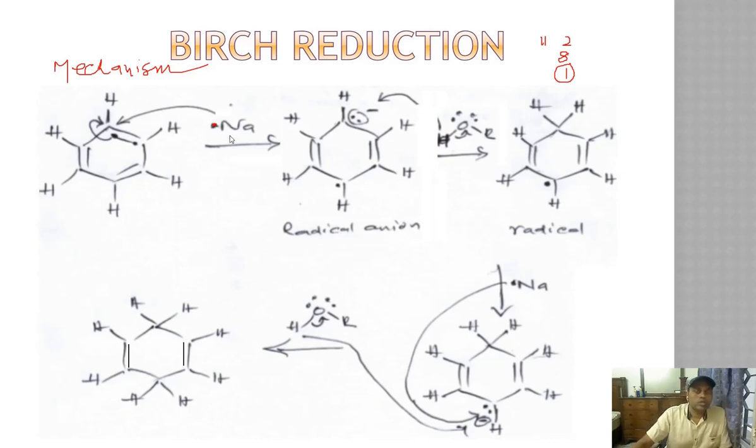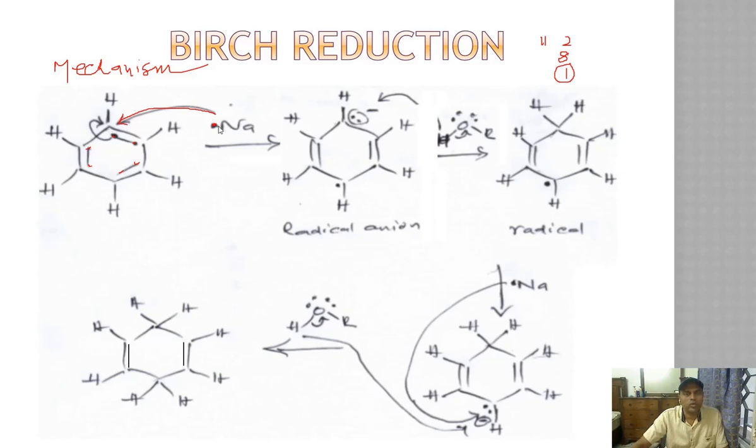So this sodium is going to give the electron to this carbon over here, right? Going to give the electron. And what is going to happen? All these will have the electrons, the pi bonds, right? Pi bonds will have the 2 electrons here, and between these 2 carbons, one of the pi electrons is also going to go to this carbon, the top carbon.